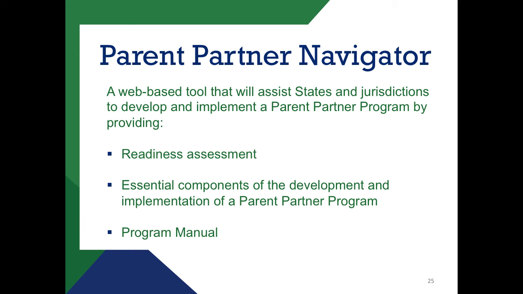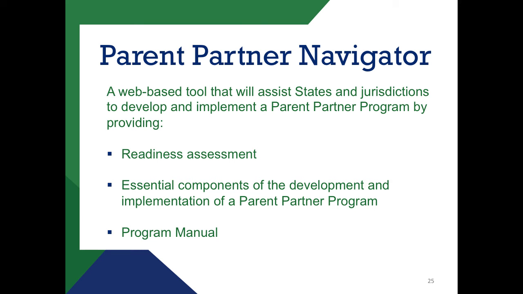States and jurisdictions will be able to access the Navigator, click on a link, and learn about what other states are doing or get tools to help them develop their own program. There will also be a readiness assessment to assess whether your agency is ready to build a Parent Partner program and what steps can be taken, as we talked about earlier, to build capacity for that readiness.